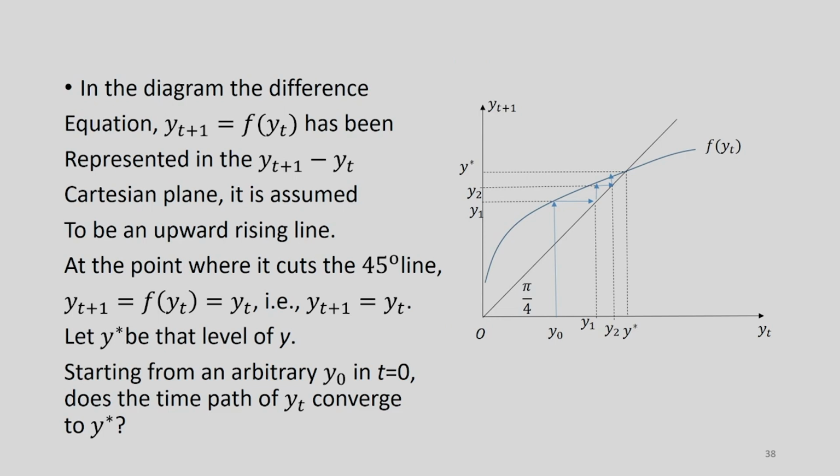Here is a Cartesian plane, that is a two-dimensional plane. On the horizontal axis I have taken y(t), and on the vertical axis I have taken y(t+1). So, it is not x and y, but the value of the variable that we are dealing with in two successive periods. The previous period is on the horizontal axis and the subsequent period is on the vertical axis.